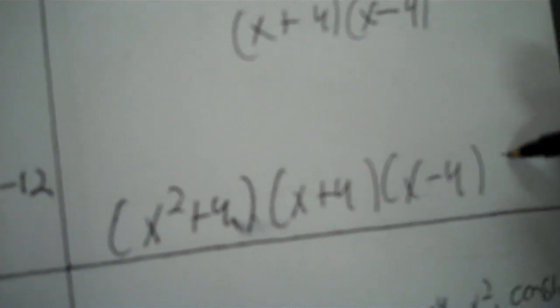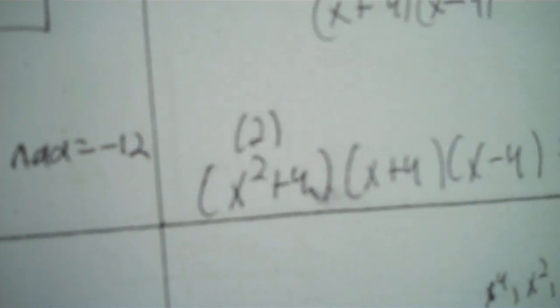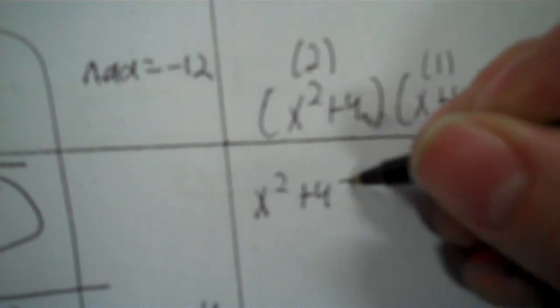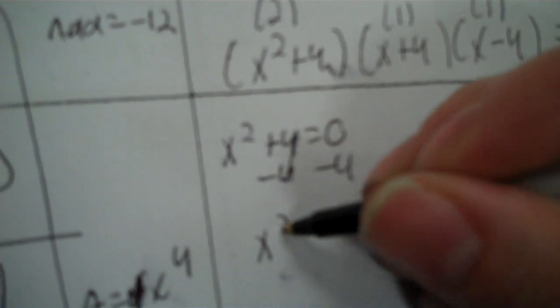Okay, kind of weird looking, but I get the 4 roots, because this has 2 roots because it's to the 2nd power. These each have 1. Let's do the 2 first. So x squared plus 4 equals 0. So I subtract a 4, and I get negative 4. Okay, so I've got to pull the i out. Now, let's not leave the square root.